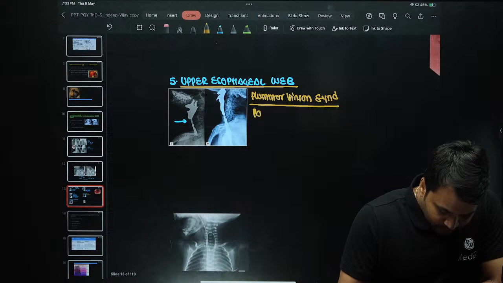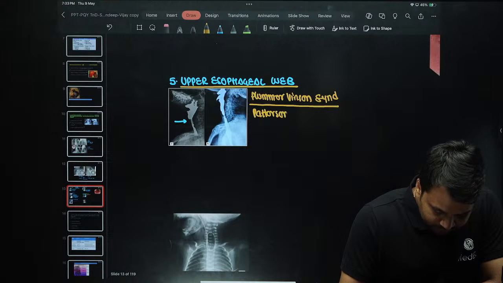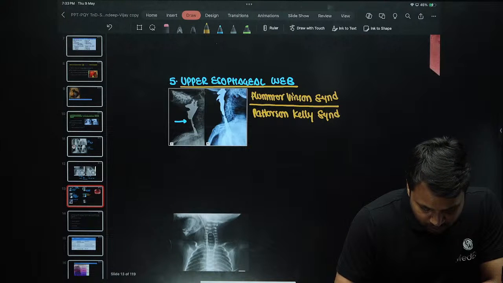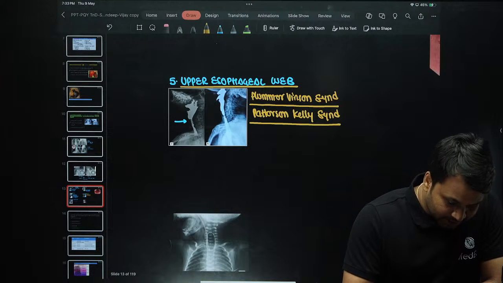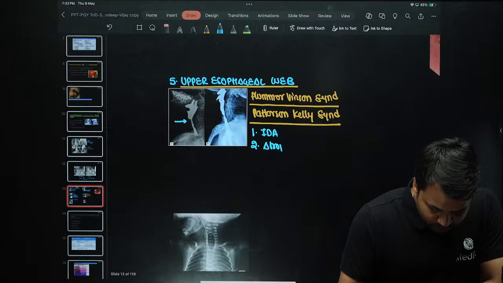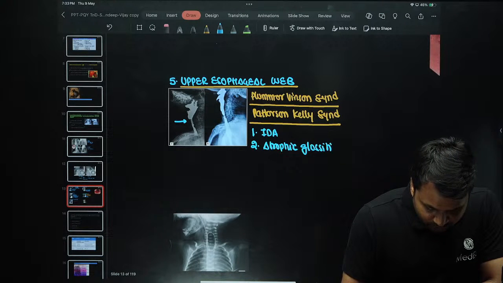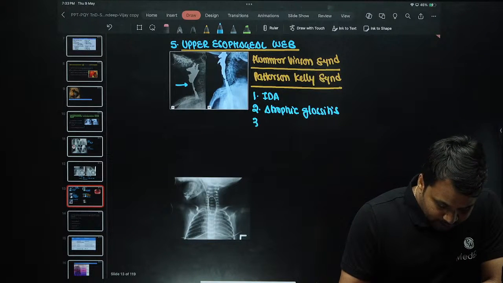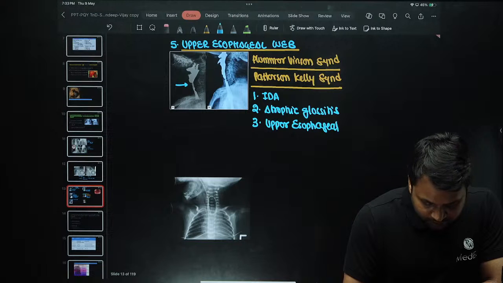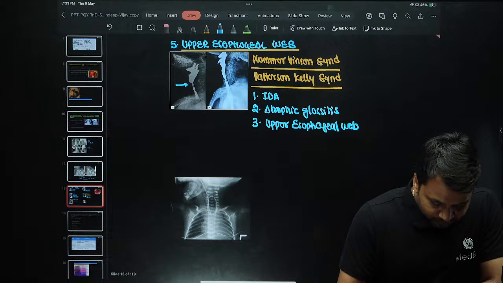Also commonly referred to as the Patterson-Kelly syndrome, right? So, what are the components of Patterson-Kelly syndrome? Number 1, there will be presence of iron deficiency anemia. There is atrophic glossitis. There is presence of upper esophageal web.